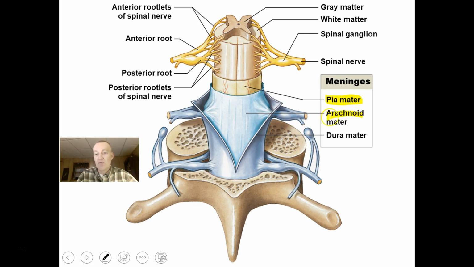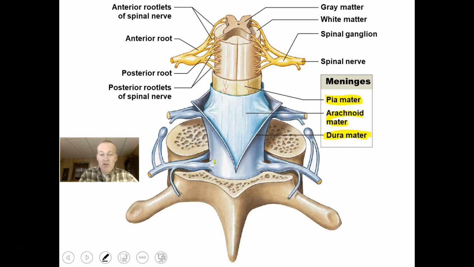The arachnoid mater is next, in between the dura mater and the pia mater, and there are some spaces in there where cerebral spinal fluid will bathe these particular parts. The dura mater is very tough, and it's the outermost layer covering the spinal cord.